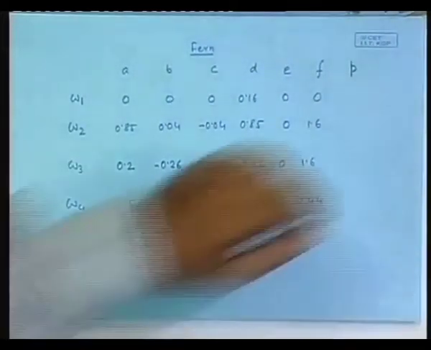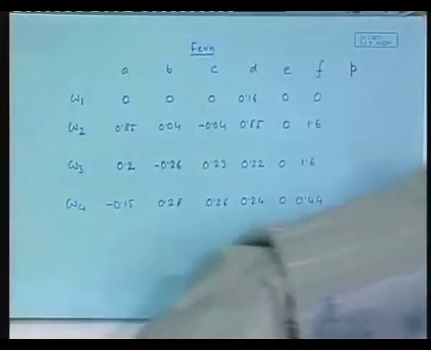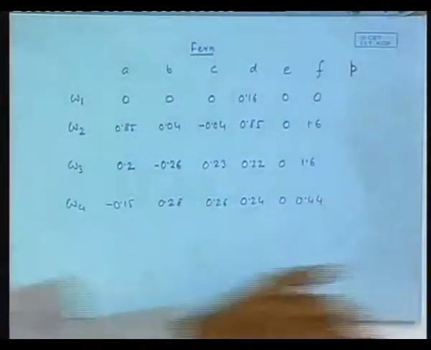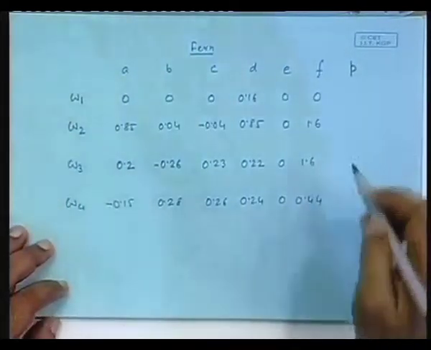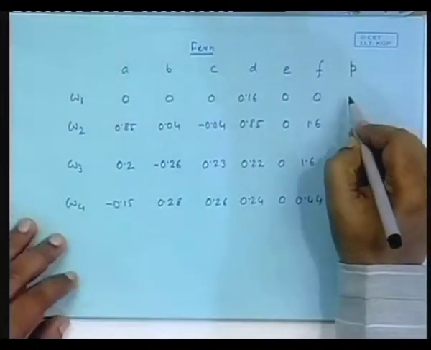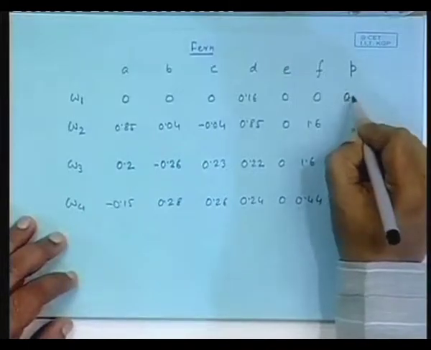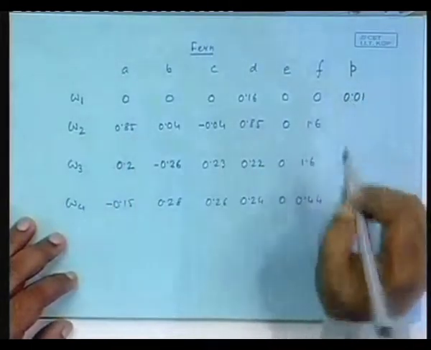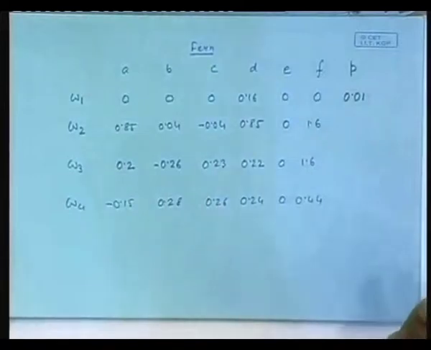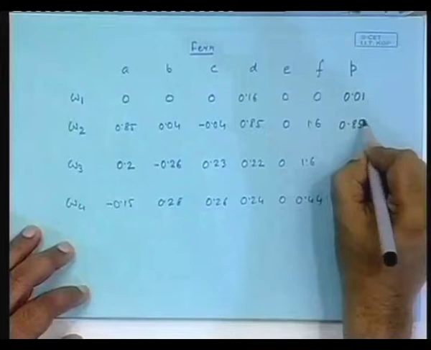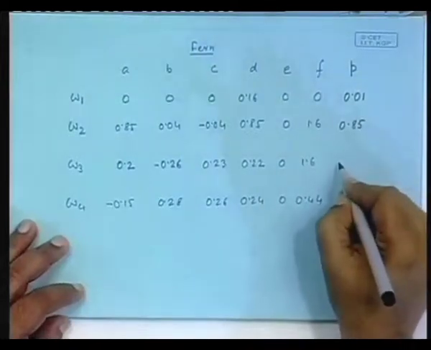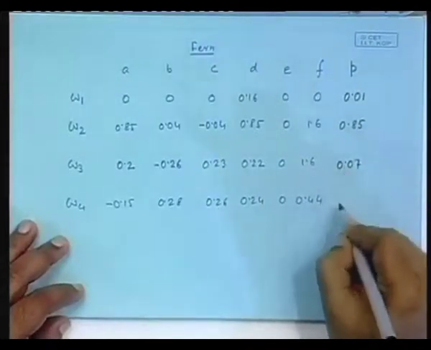Now, this column I will now give you. For the fern, if you want to write the random iteration algorithm, you will need to assign probabilities. This has 0.01, very low probability of this one. Explanation why I will come to a little later. This 0.85, the large, 0.07 and 0.